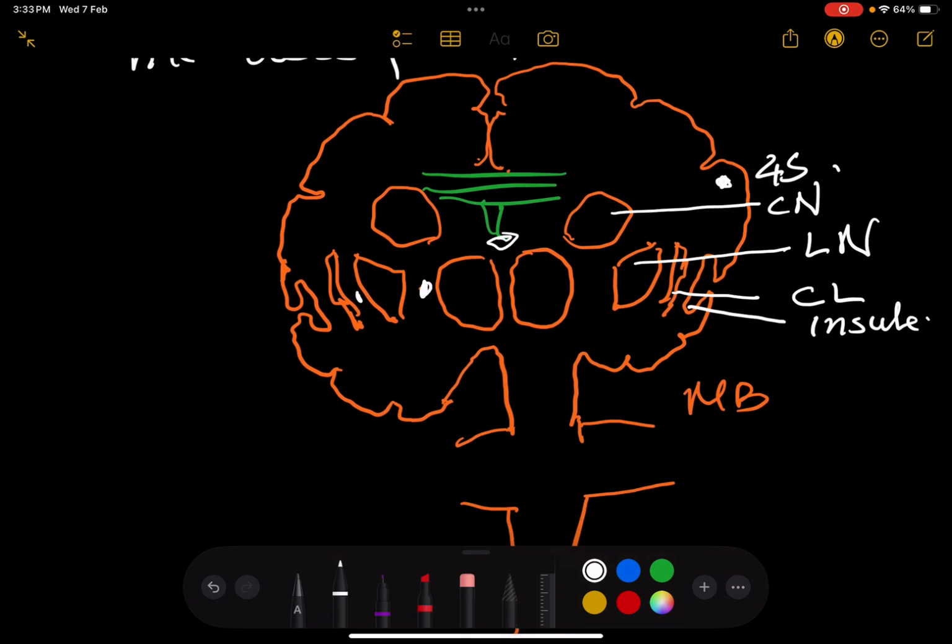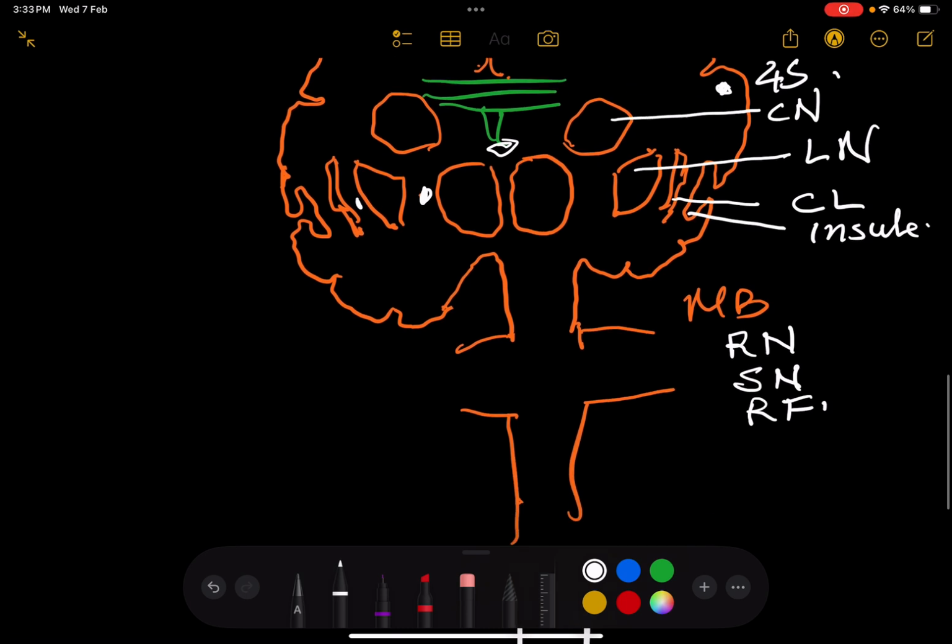Then at the level of the midbrain, you have the red nucleus, the substantia nigra, and reticular formation. At the level of the pons, you have the vestibular nucleus and reticular formation continued.